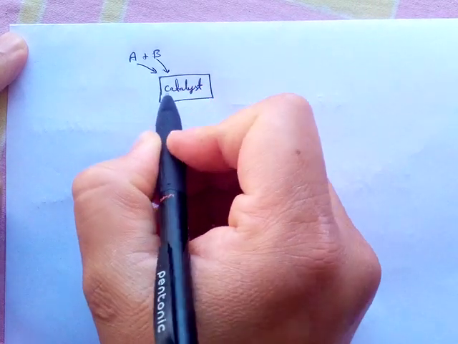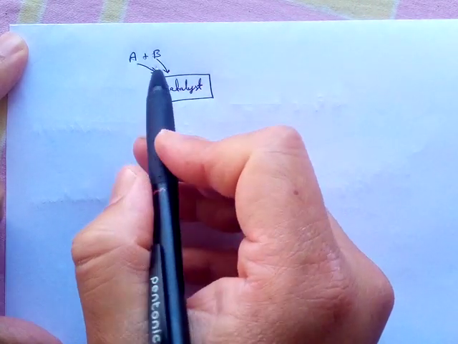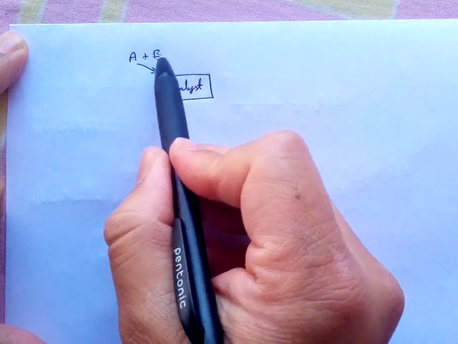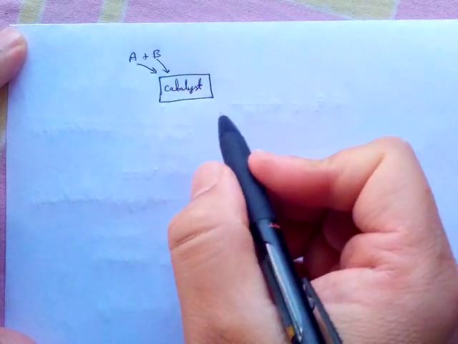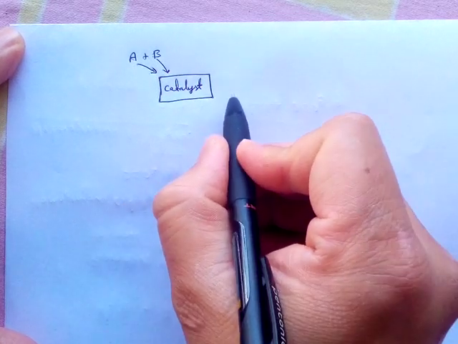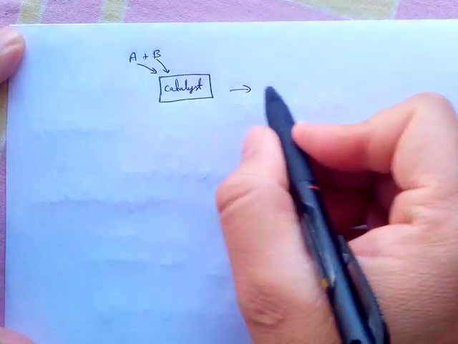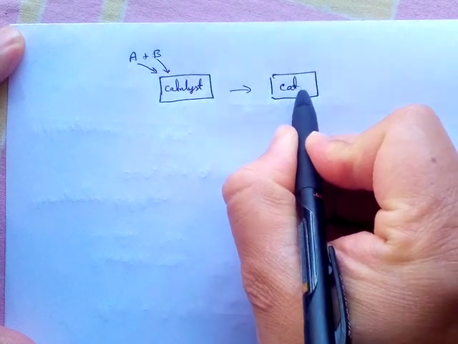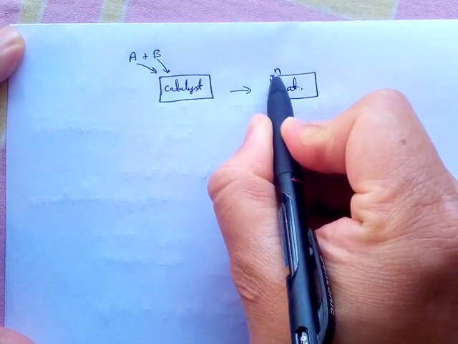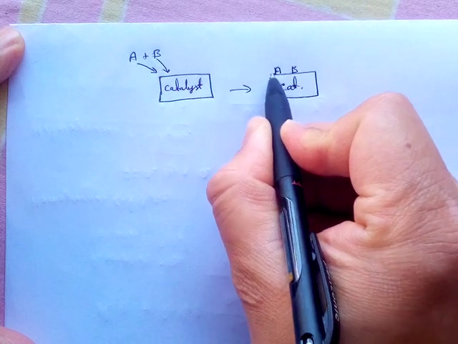Diffuse means movement. So the first step is diffusion of reactants towards the surface of the catalyst. Then in the next step, these reactants get adsorbed at the surface of the catalyst.